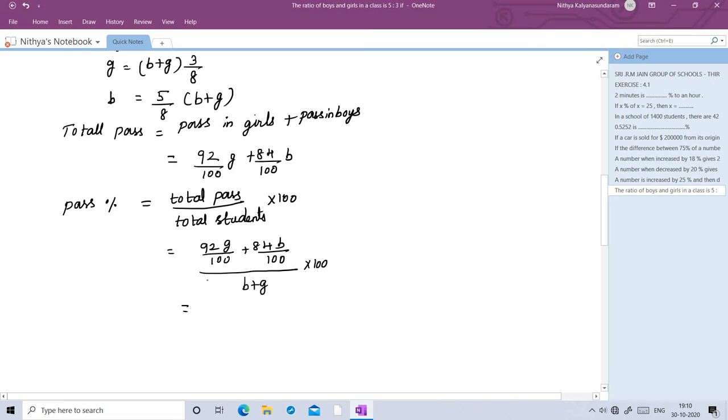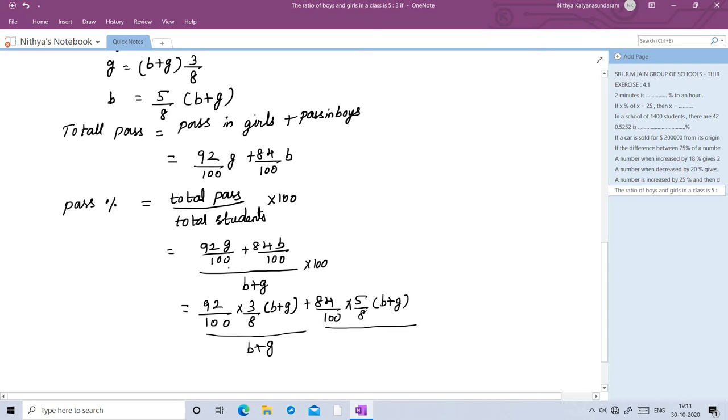B is 5/8 into B plus G. So B and G values you can substitute. 92 by 100 into 3/8 B plus G plus 84 by 100 into 5/8 B plus G, divided by B plus G. Separately you can divide the denominator B plus G into 100.